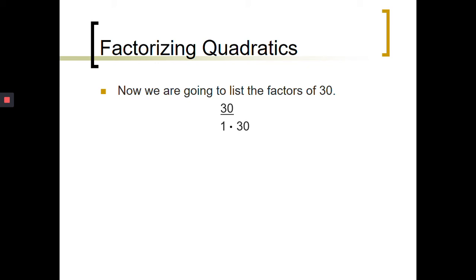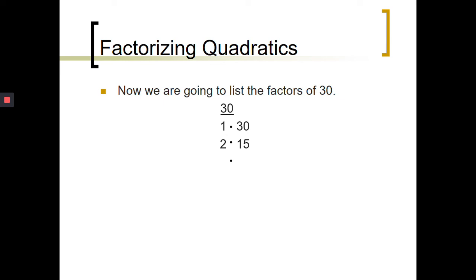And we are looking for pairs of factors or pairs of numbers that multiply to give me 30. Alright? My second pair is 2 times 15. 2 times 15 is 30.